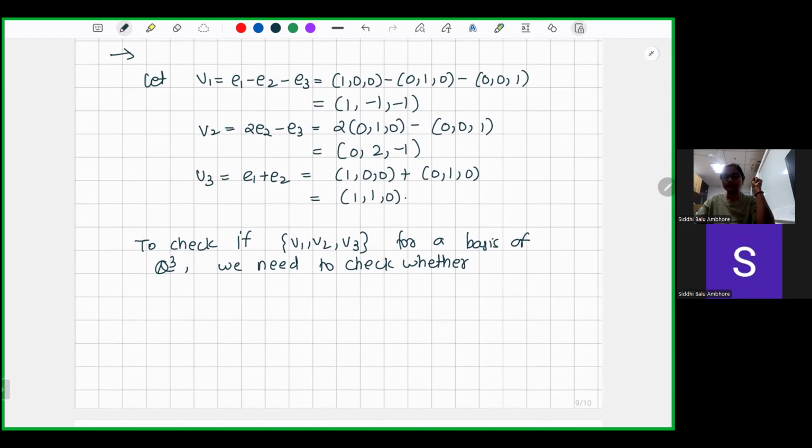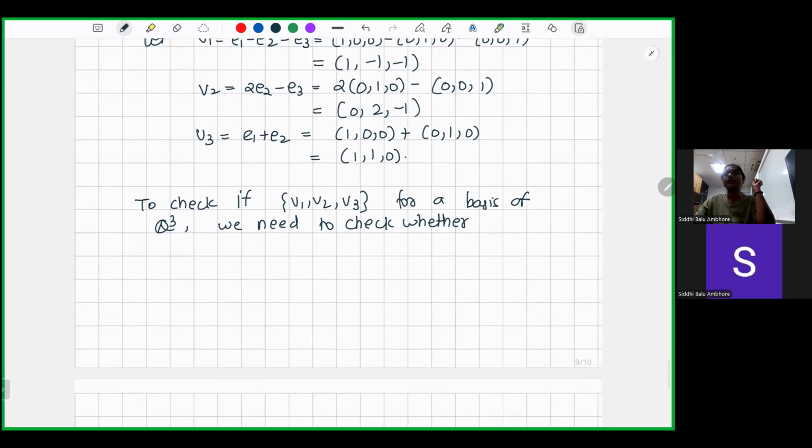And if a given set is a generating set for a given vector space, then its cardinality will be at least the dimension. Okay, so the basis is a minimal linearly independent set which generates V, minimal with respect to cardinality.